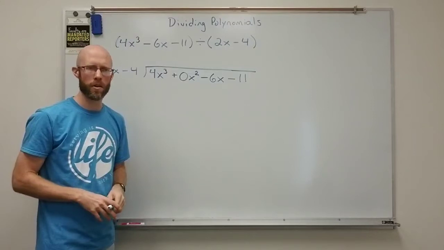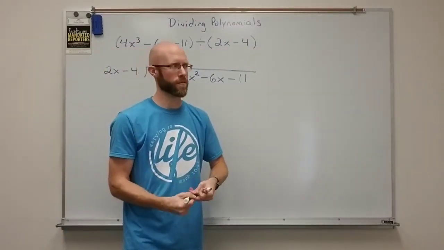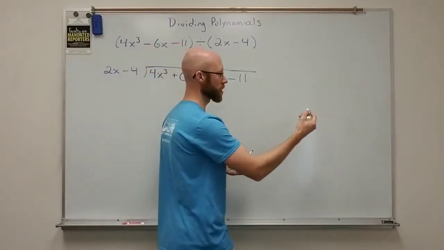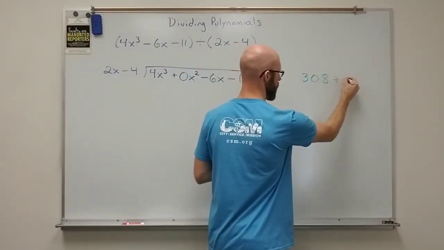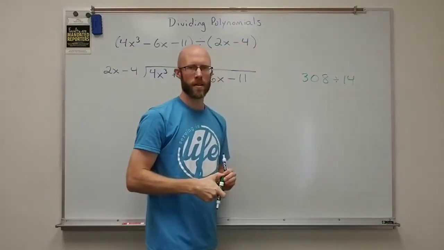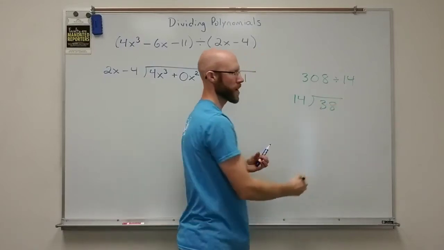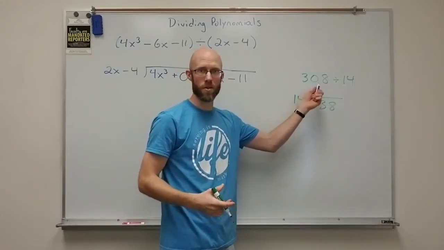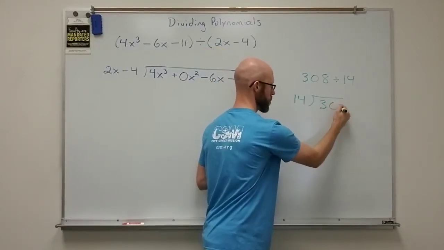But if you think about it in the example of a number, if I were to do a long division on something like 308 divided by 14, you wouldn't write it out as 14 into 38, right? That wouldn't make sense. You need the 0. The 0 is super important in the long division.